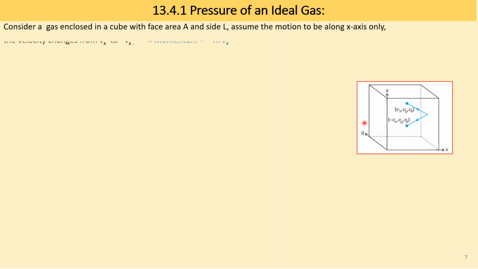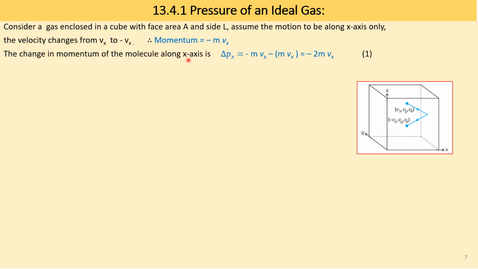Now we will calculate the momentum. The velocity has changed from Vx to minus Vx, and the momentum will be minus m into Vx. The change in momentum of the molecule along the x axis is delta px equal to minus m vx minus m vx, that is, the total change is minus 2m into vx.